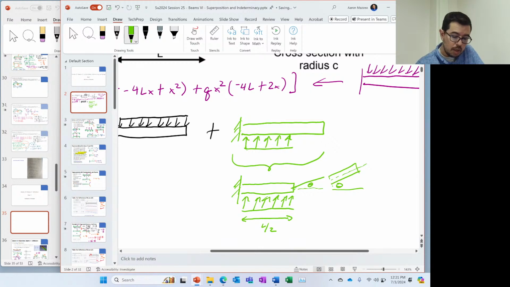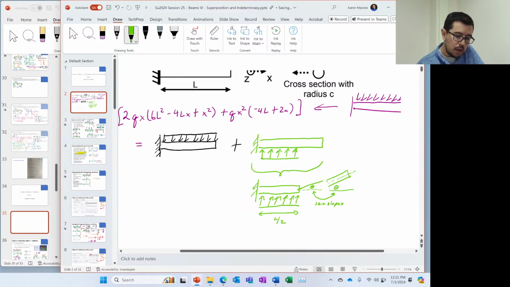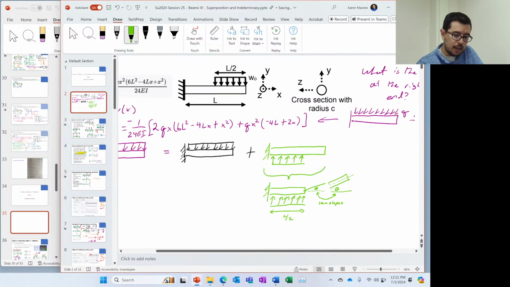So what I need to do is add the slope. I'm interested in the slope here, which I know is kind of going to go like this, and it's going to be a negative slope, plus whatever the slope is on this one. So I could call this theta 1, and I could call this theta 2. And so that's kind of how we approach the problem.